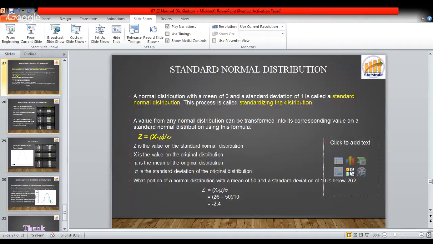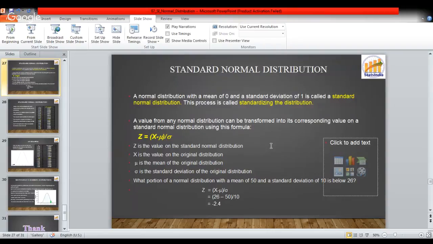So we standardize the values, and this process is called standardizing the distribution. That is, a value from any normal distribution can be transformed into the corresponding value of standard normal distribution using z equals x minus mu upon sigma. This is how we can calculate different values of z.